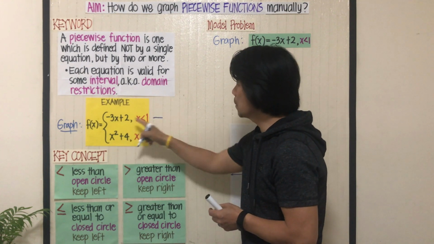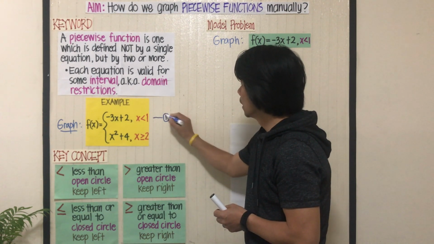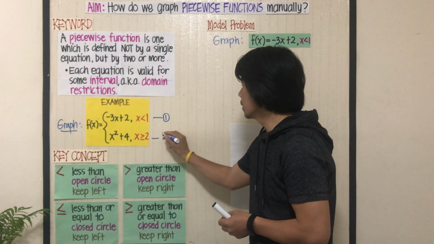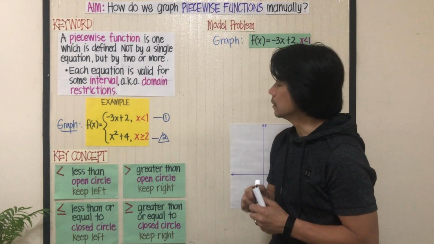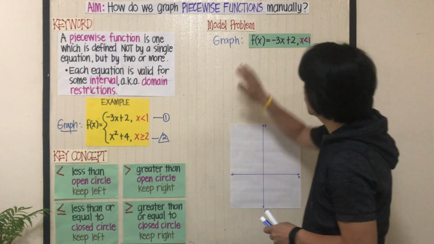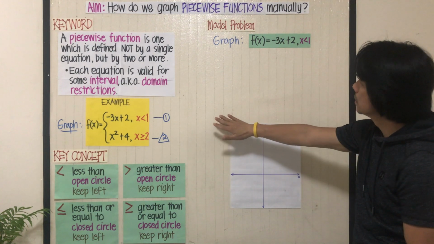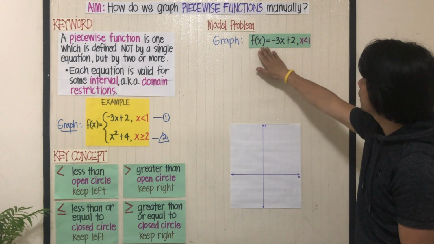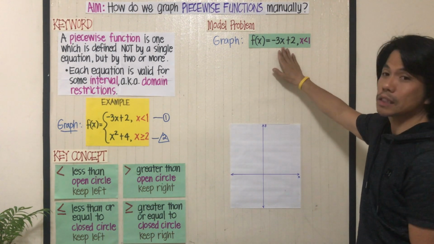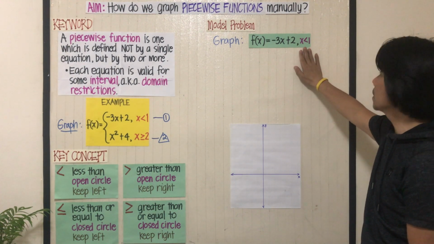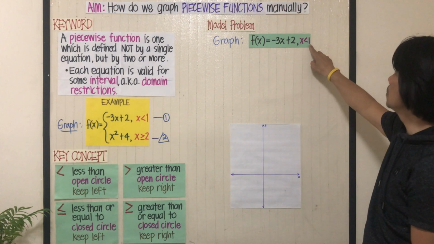Our first equation, the linear function, we label as equation 1, and this is equation 2 inside the triangle. So we're going to graph the first equation, f of x equals negative 3x plus 2, with the interval or domain restriction x is less than 1.